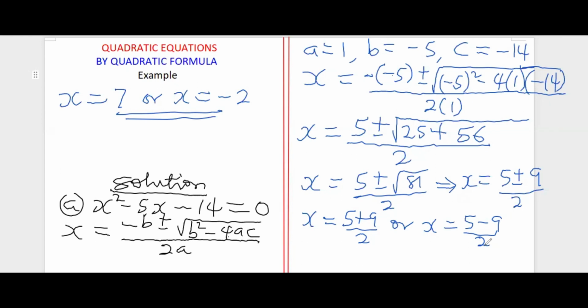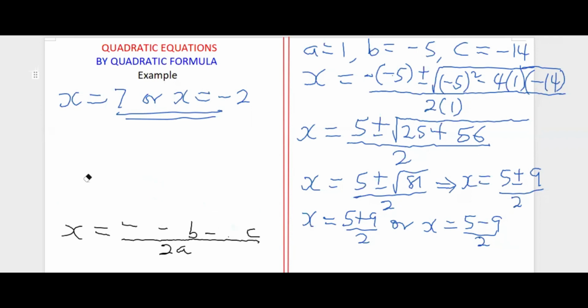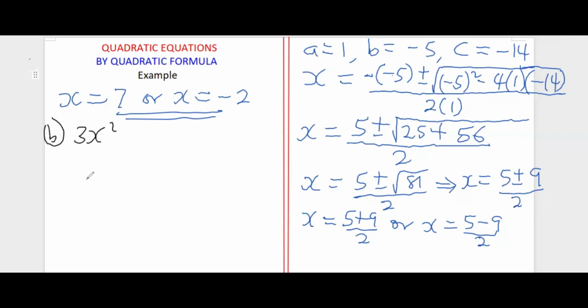And we'll quickly solve the B part by the use of the formula as well. The B part, we are solving 3x squared minus 10x plus 8 equals 0.